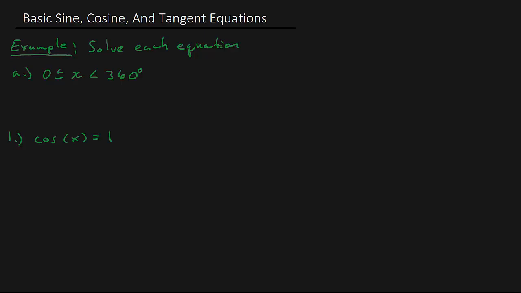The main thing to solving these equations is you get a trig function equals a number, just like we have here. That's mainly how these are going to be, except the last couple of problems, where we'll have more than just a trig function on this side, so we'll have to get the trig function by itself.